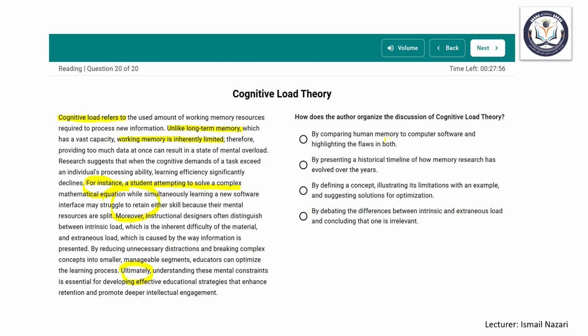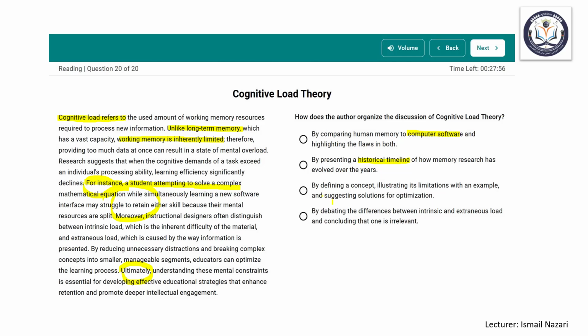A, by comparing human memory to computer software. We don't have anything compared to computer software. It's not. B, by presenting a historical timeline of how memory research has evolved over the years. It doesn't give you a historical timeline. It's not about a timeline of how memory research has evolved.